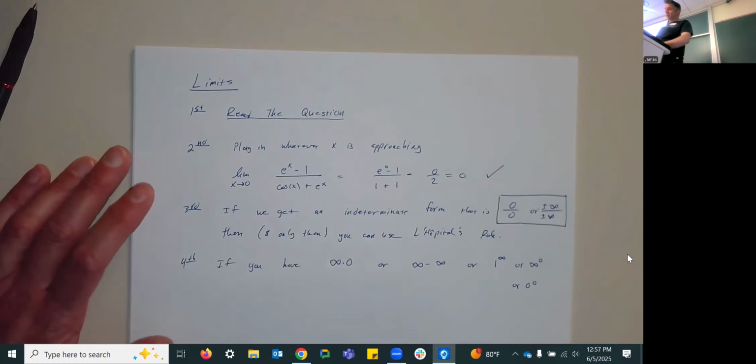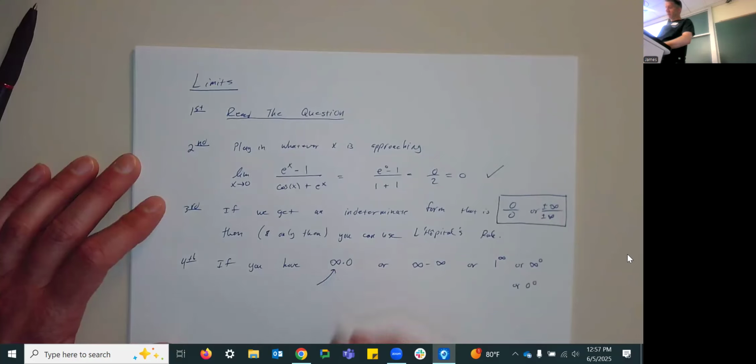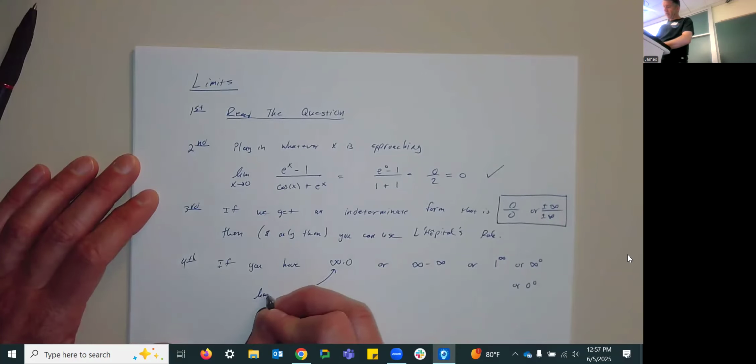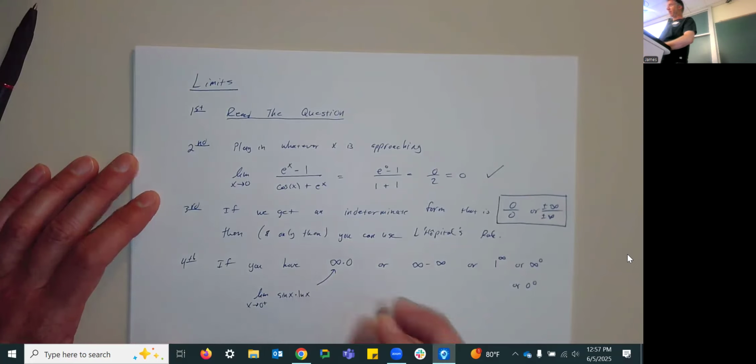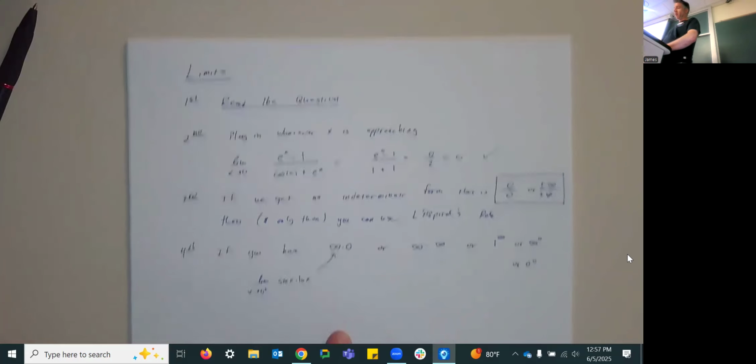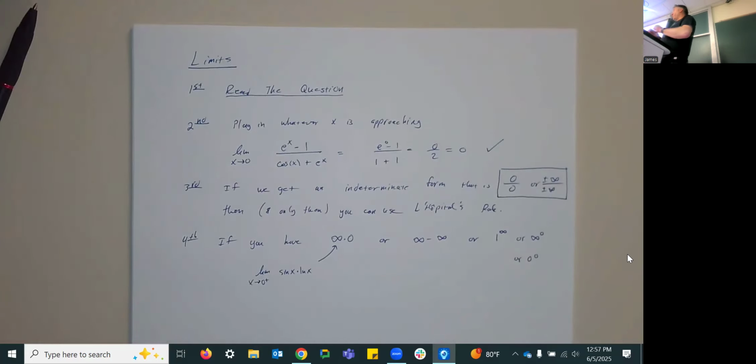So specifically, for an infinity times 0, something like the limit as x approaches 0 of sine x times natural log of x, you have to bring one of the things to the bottom. What's the thing we never bring to the bottom? Never bring natural log of x to the bottom. I cannot think of a time I've ever been able to do that, and it was the right choice.